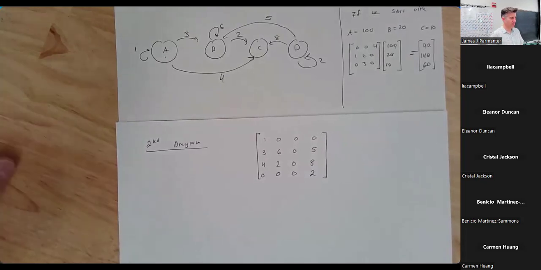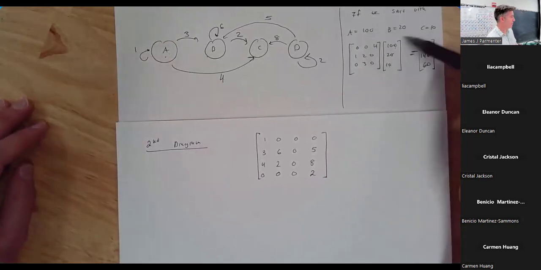So hopefully that gives you a relatively fast way of knowing how to write the Leslie matrix based on this picture here. Question? These values right here, I made them up.